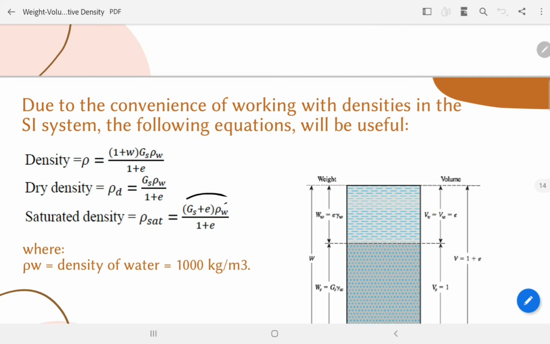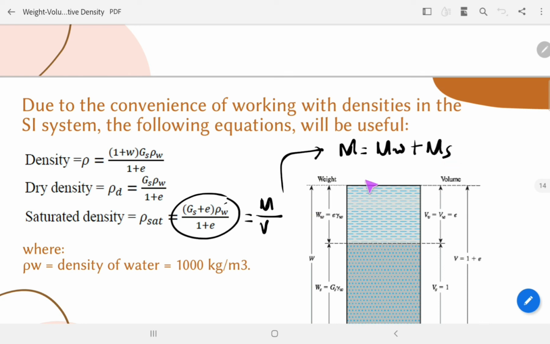This one naman, guys, galing lang din siya sa mass over volume. Again, the mass is comprised of the mass of the water plus the mass of the soil solid. And again, mass of water is omega GS rho water. Mass of the soil solid is GS rho water.